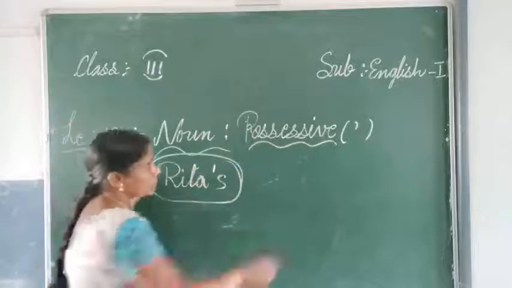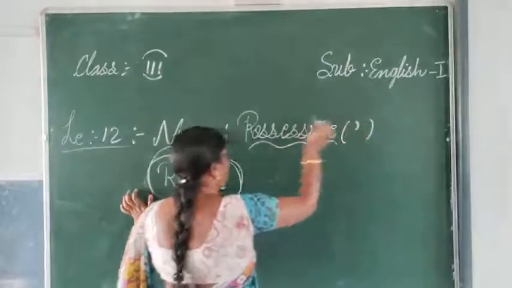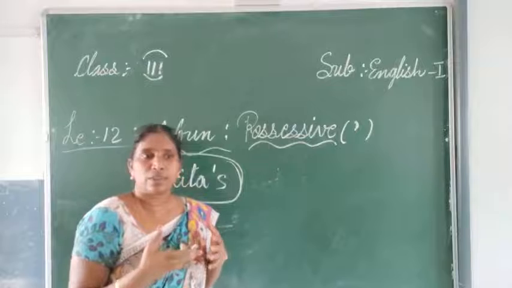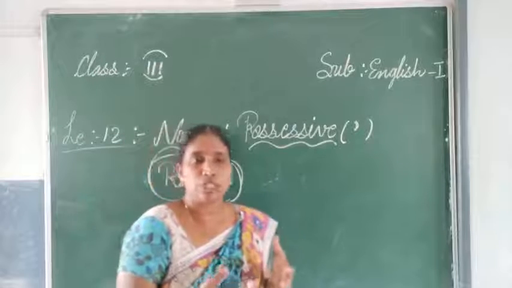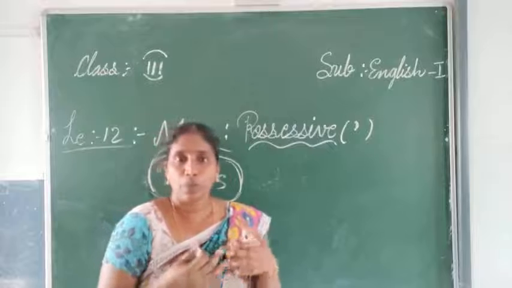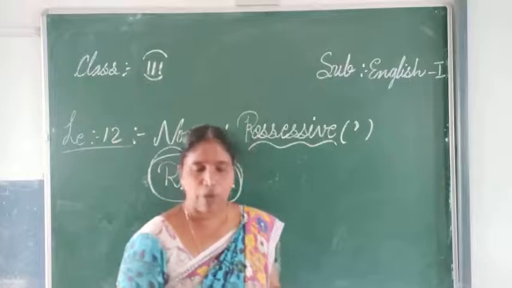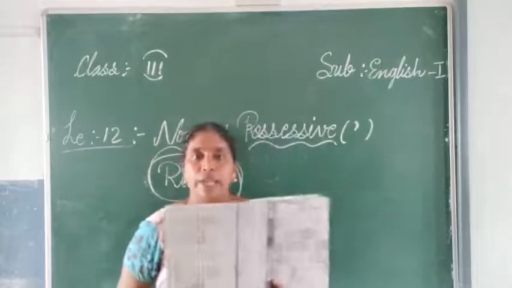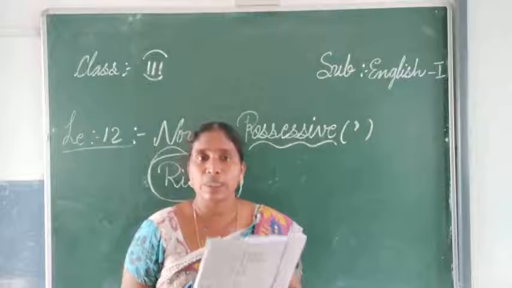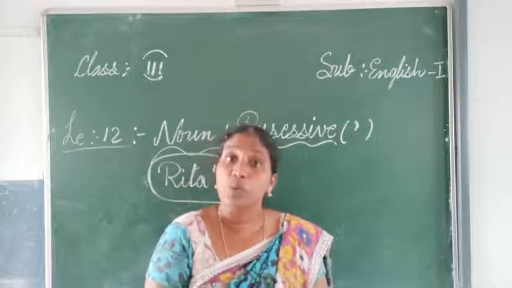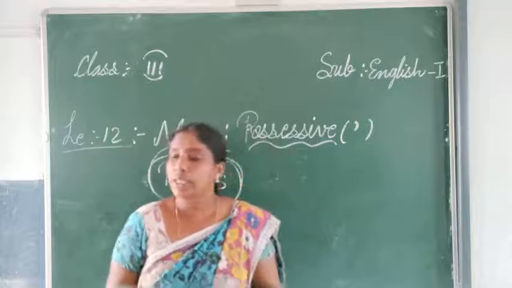Noun possessive means mine. The possessive means it is mine. That possessiveness, this belongs to me, means only mine. This book is mine. So this is Rita's book. It belongs to her only. That is the possessiveness. It is not anybody else's.